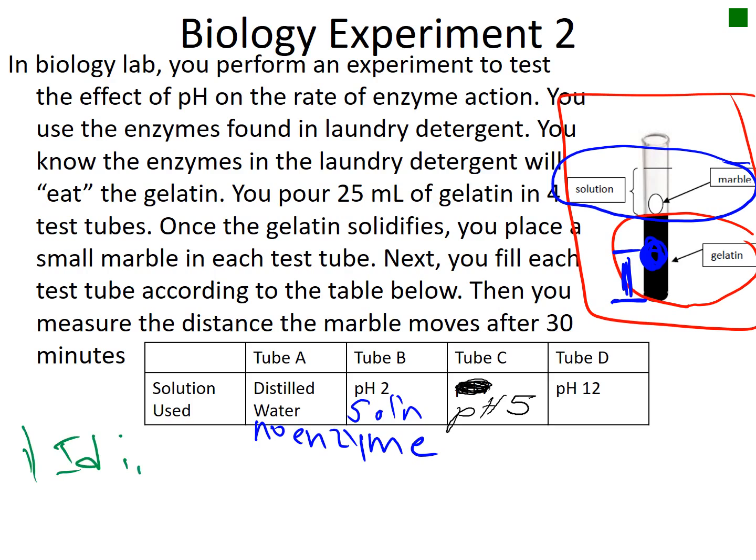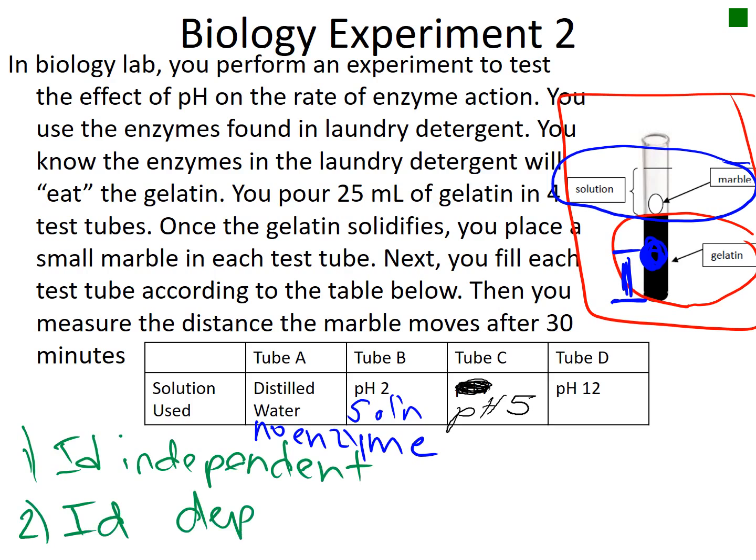Given that information, what I'd like for you to do is jot down what you believe to be the independent variable. I want you to ID the independent variable. I would like you to ID the dependent variable. I would like you to tell me if there is a control, and which test tube is the control test tube.